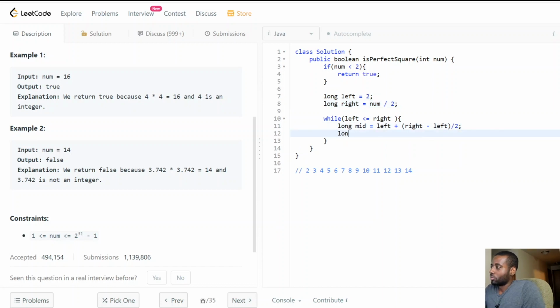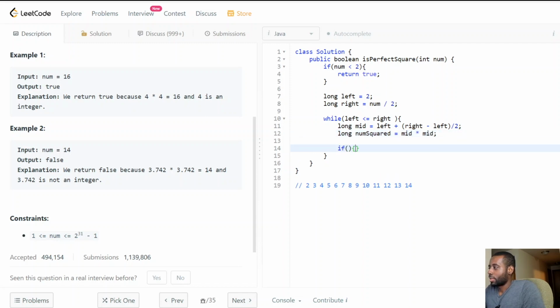Now we get our middle element. The num squared would be mid times mid, and this is where we do the check.